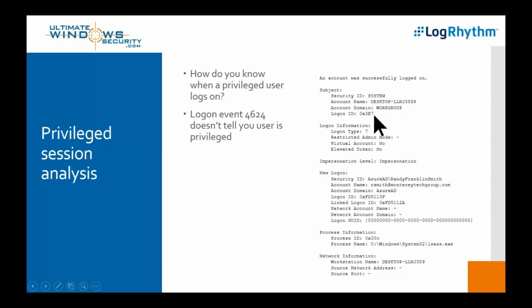And be aware this has nothing to do with the logon ID up here under subject, because all of your logon events are handled by logon processes, and the subject here just is not important for our purposes. What we want to focus in on is the new logon heading.